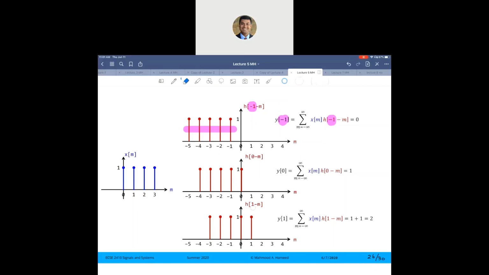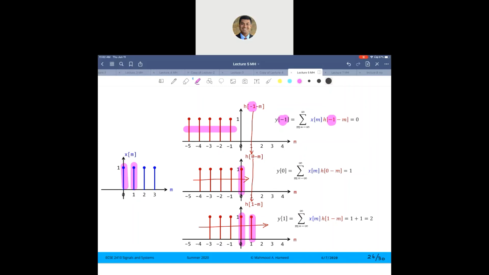Next, when you move down this list, you are essentially going from -1 to 0 to 1 and so on, right? So you're essentially moving this right one integer time step, and as you are doing that, you are evaluating the product of overlapping elements. Here there is one overlapping element. Next, there are two overlapping elements with x of m.